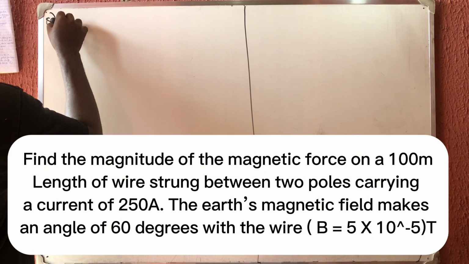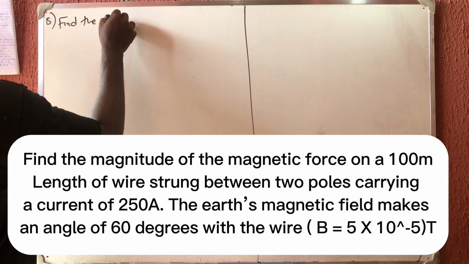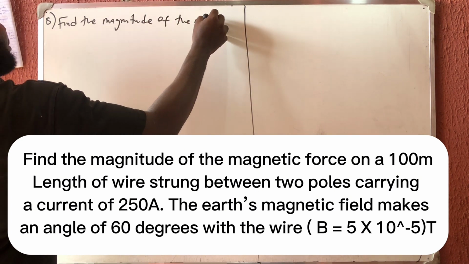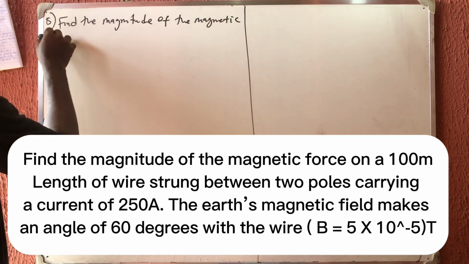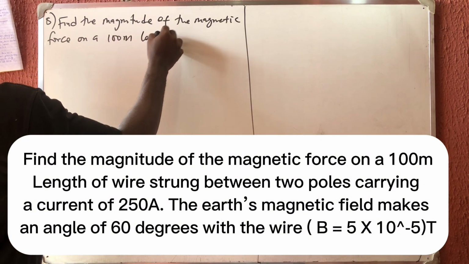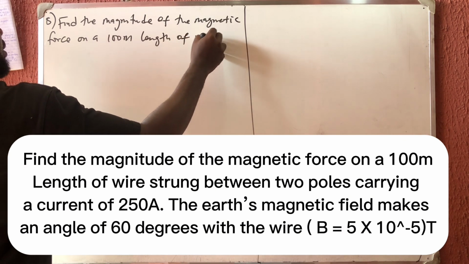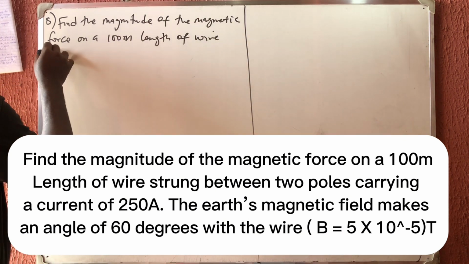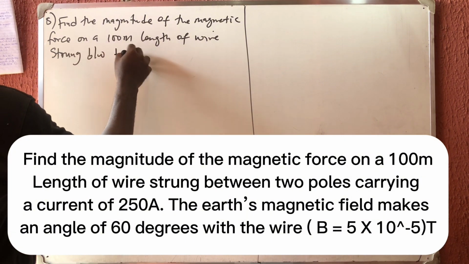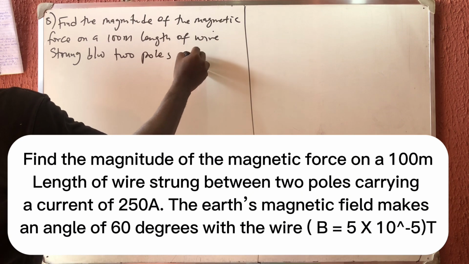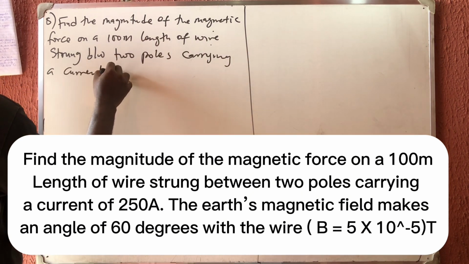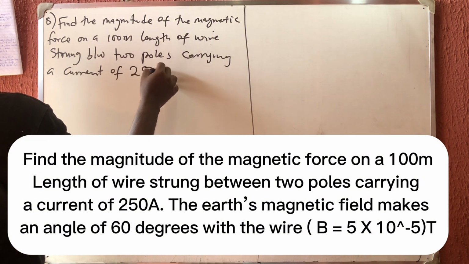Number 8 said find the magnitude of the magnetic force on a 100 meter length of wire strung between two poles, carrying a current of 250 ampere.